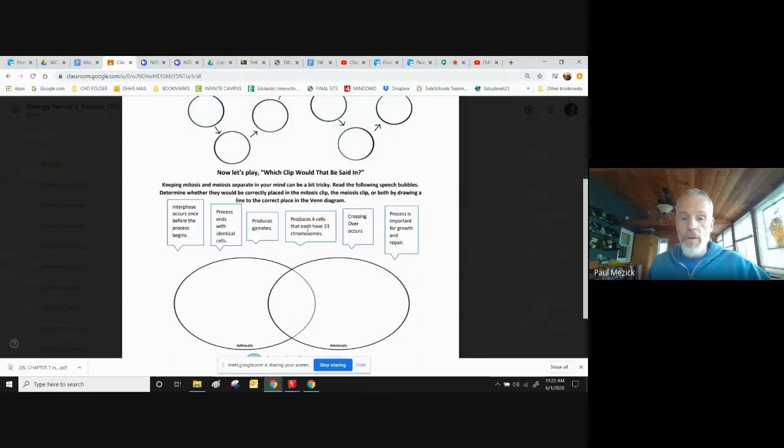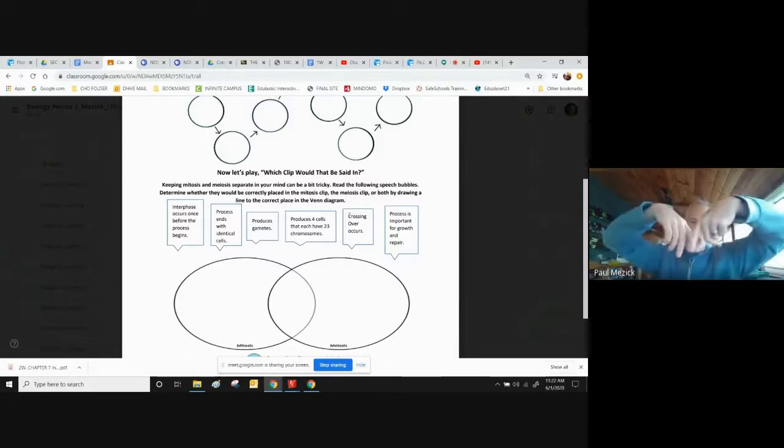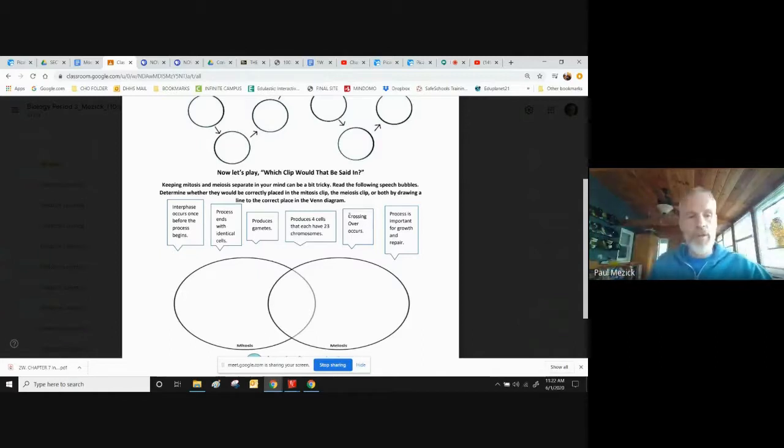Produces 4 cells, each having 23 chromosomes. So a human cell has 46 chromosomes, and I'm going to produce 4 cells. Which process, mitosis or meiosis, produced half of the number of chromosomes? In which process do chromosomes sometimes overlap and maybe exchange information?